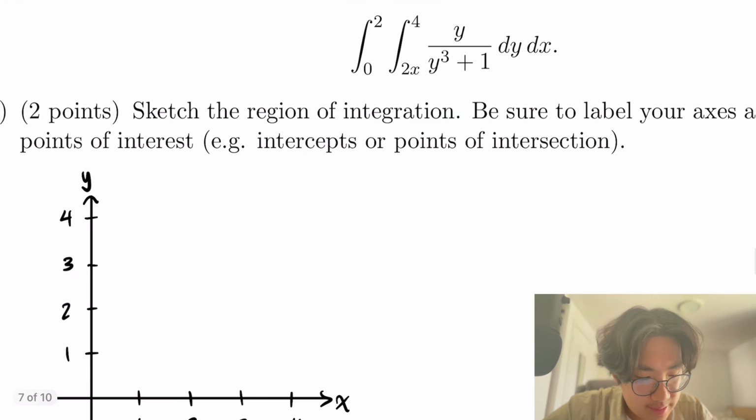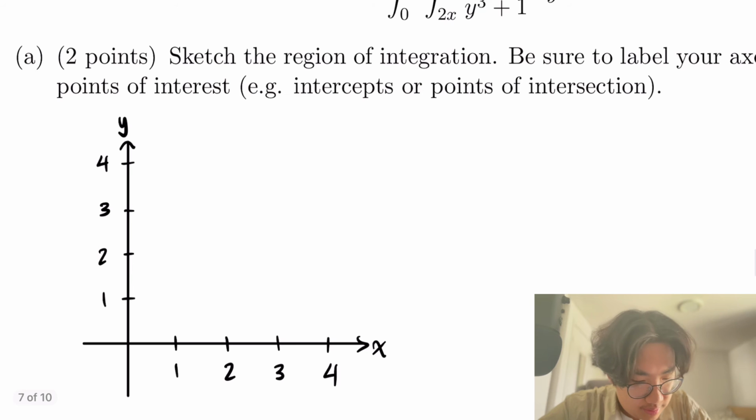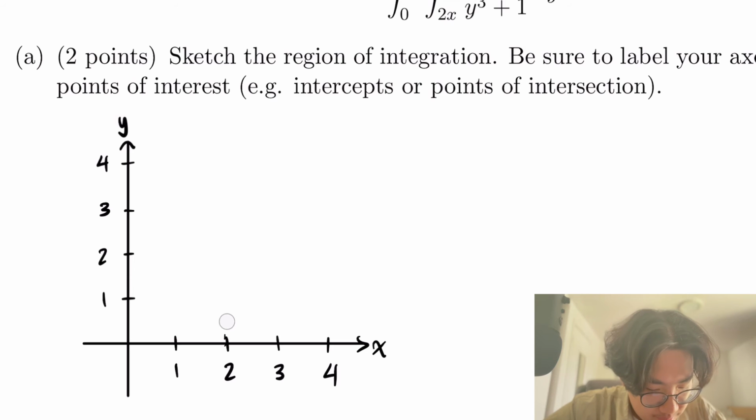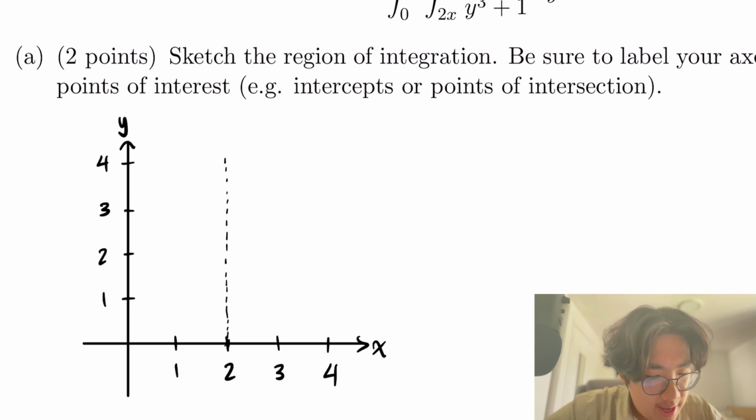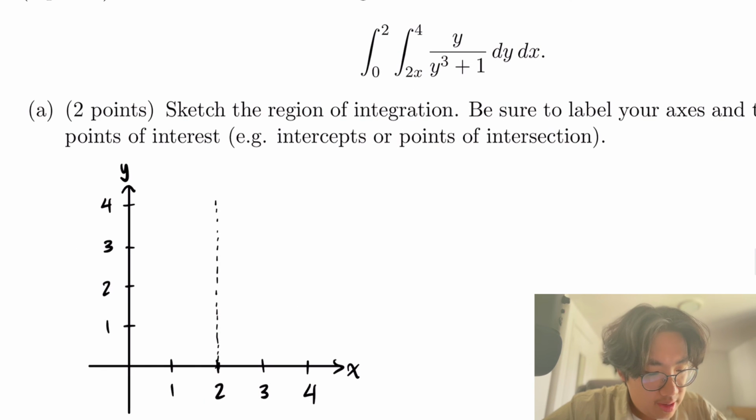So again, we know x is between 0 and 2, so I'll draw dotted lines roughly. Okay, we'll draw them a bit to the right. Still off a bit. Good enough. Okay, and then for y, we know it goes between 4 and 2x.